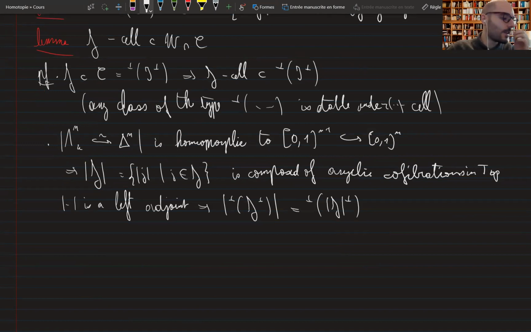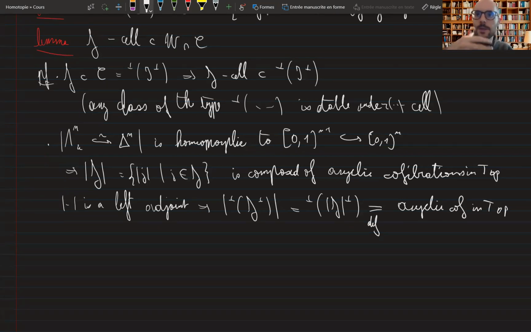So you do a little exercise, but by definition, this is given by acyclic cofibrations in Top, because we proved that Top is a cofibrantly generated model category. And so this is the set of generating acyclic cofibrations, and therefore this is the set of all acyclic cofibrations. All right.